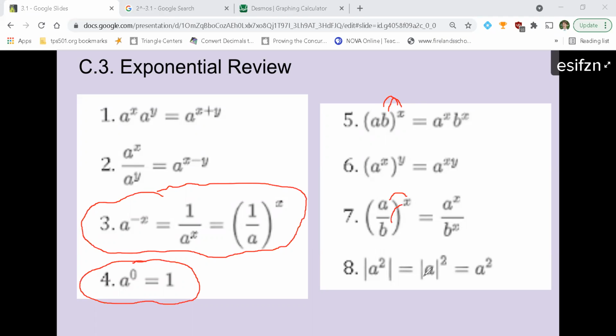This is just the distributive property again. And then the absolute value of a squared is just a squared, because any number squared is positive. That, of course, assumes that a is not imaginary.